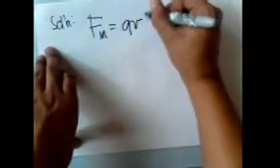So to execute the problem, we have the solution. We use the relationship that the magnetic force is equal to Q V B sine phi for the magnitude of our magnetic force.